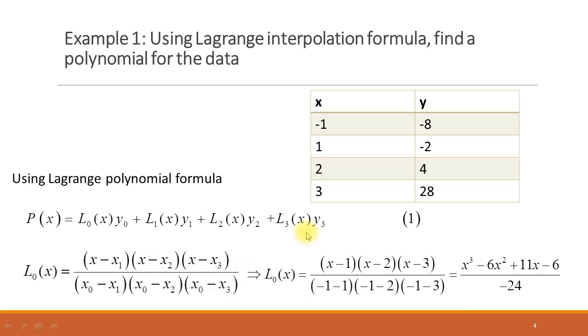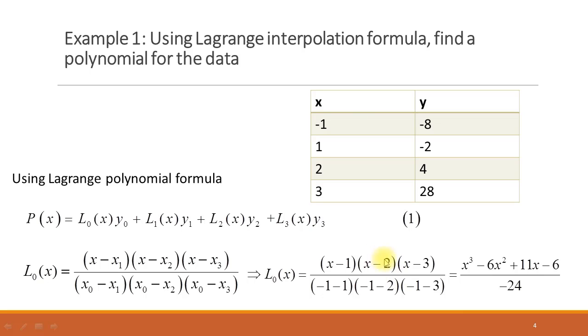So putting in the values of x1, x2 and x3, we get x minus x1, x minus x2 and x minus x3 in the numerator, and x0 minus x1, x0 minus x2 and x0 minus x3 in the denominator.